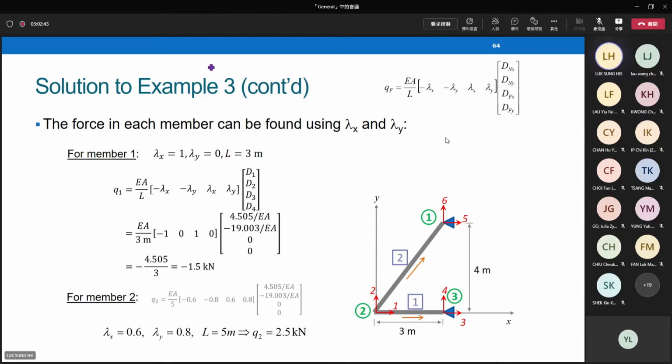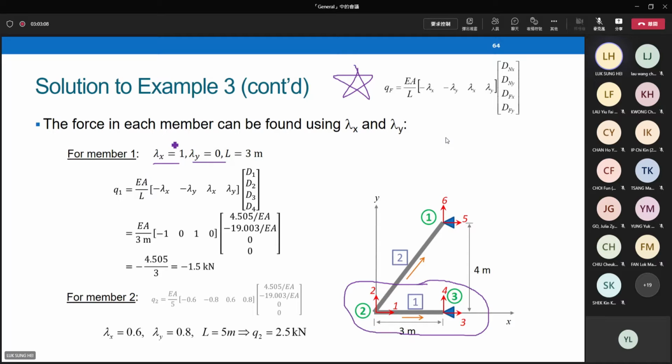Member actual force. We have two members, member 1, member 2. And member 1 is a horizontal member, lambda x is 1, lambda y is 0. Member 1 is here. You can use the equation on the top right-hand corner to evaluate the member actual force for member 1 and member 2.